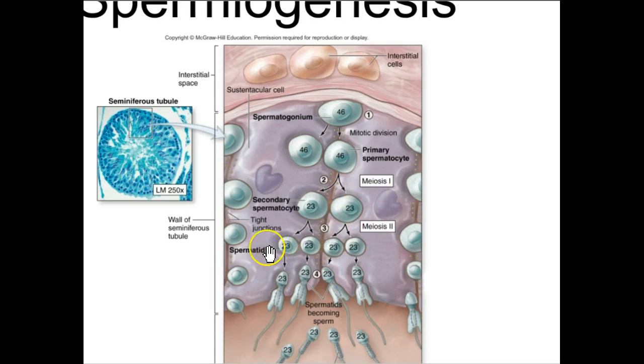Meiosis II occurs, now we call it a spermatid, and those further develop into just sperm, spermatozoa. So there is a difference between spermatogonium versus spermatocyte versus spermatid versus sperm or mature sperm.